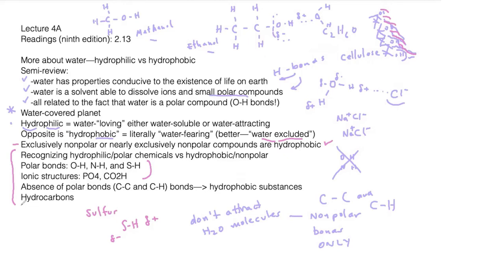The one thing I think we can just clarify right now, the word hydrocarbon is a pretty self-explanatory thing. If you have a molecule that consists only of carbon and hydrogen, okay, one, it would be absent of polar bonds, it would be hydrophobic, and it will also be in the class of hydrocarbons.